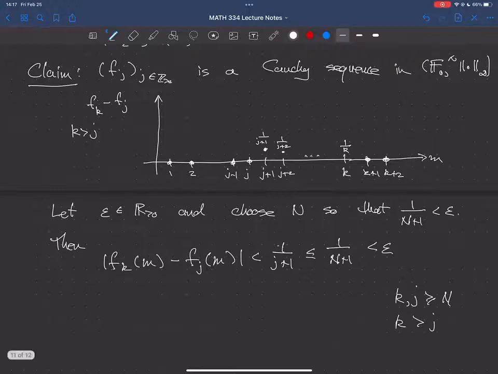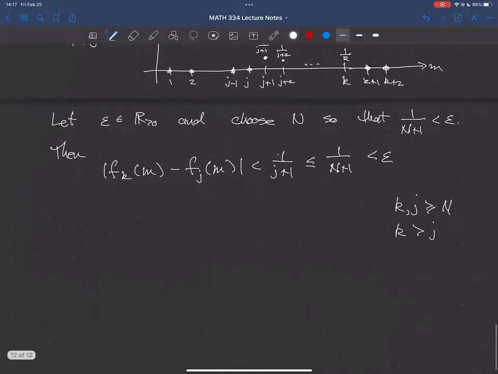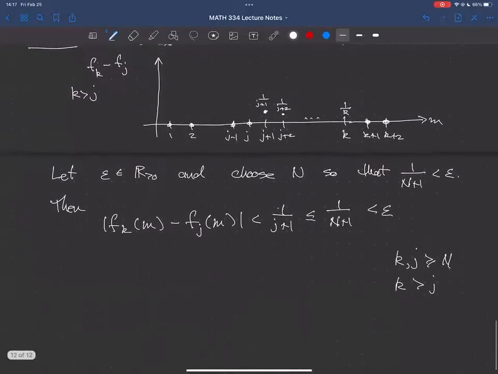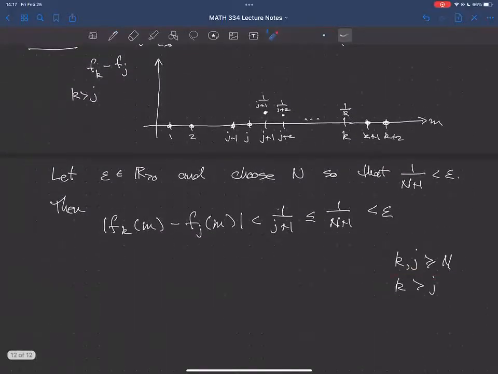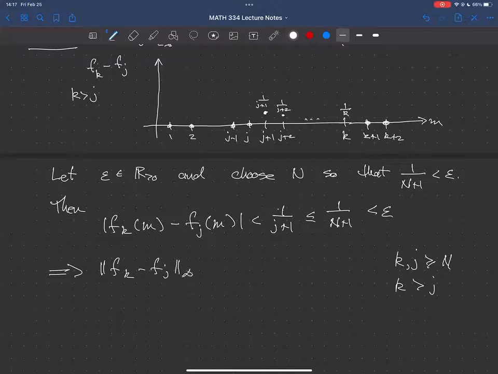All right, so that shows that it's a Cauchy sequence because by taking j and k large enough, I can ensure that this is true. Okay, but this analysis holds for every m.